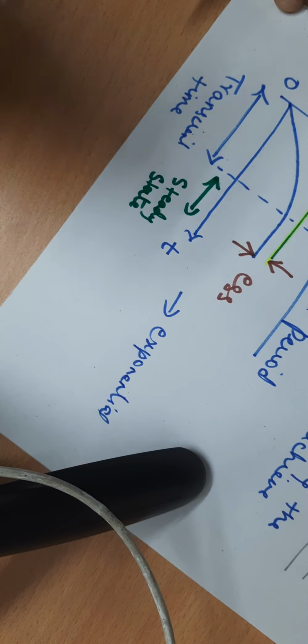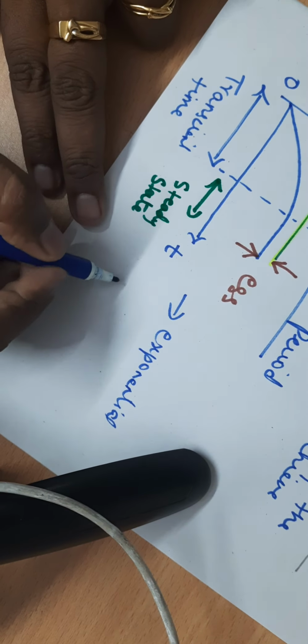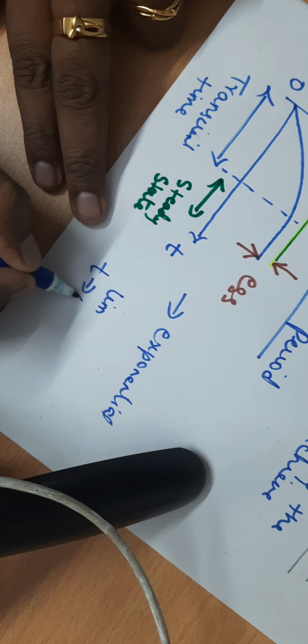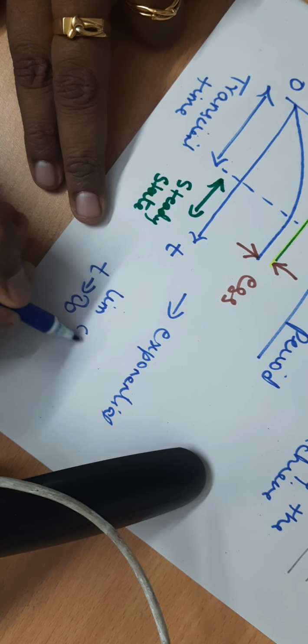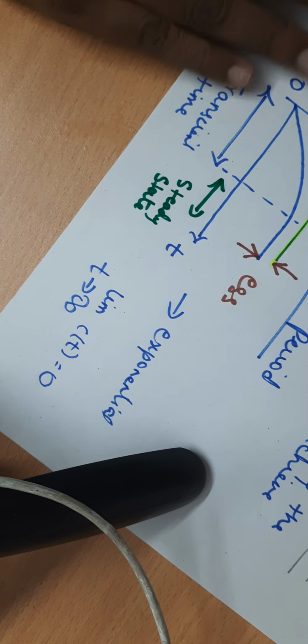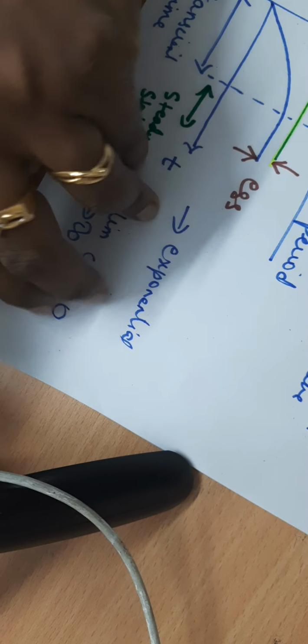Now how we are going to write it mathematically: it is represented as limit t tends to infinity of c of t is equal to 0. This is how mathematically it is represented for the exponential wave.